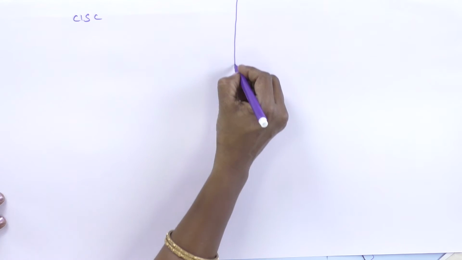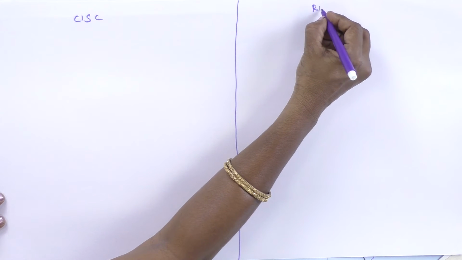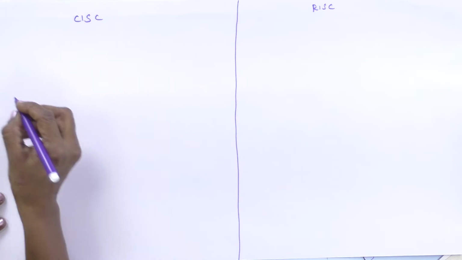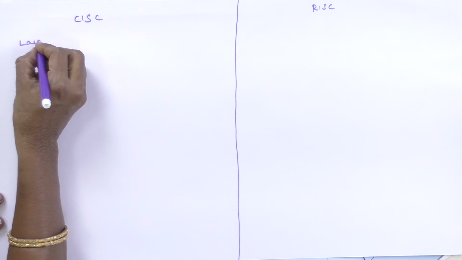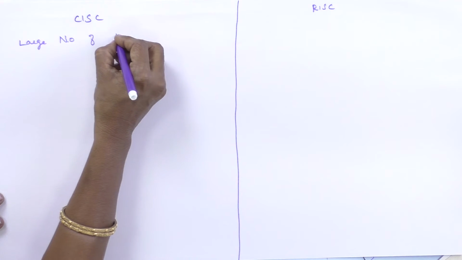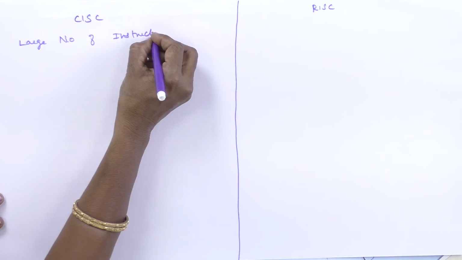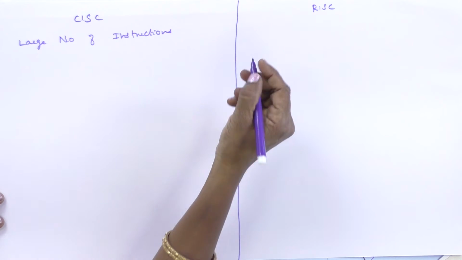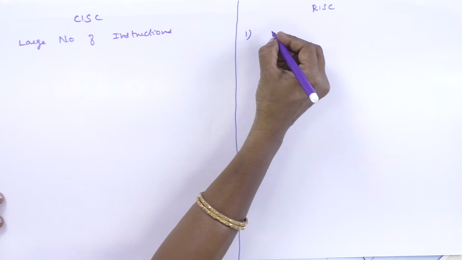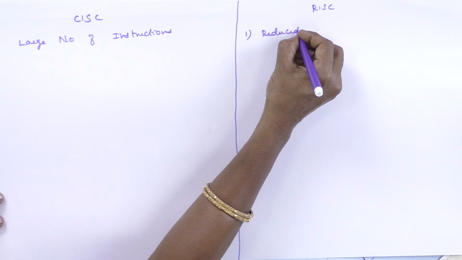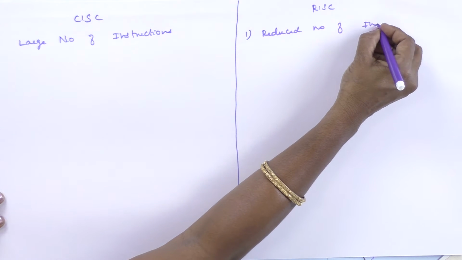So, let us see what are the differences that categorize the processors into CISC and RISC. Based on the instructions, we categorize the processors into CISC and RISC. CISC processors have a large number of instructions. As the name implies, RISC processors have a reduced number of instructions.